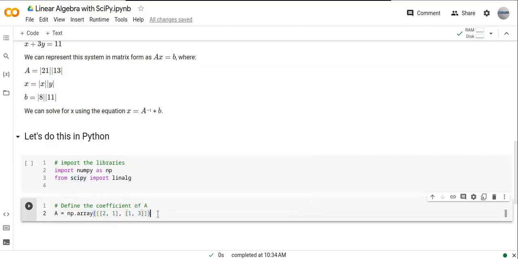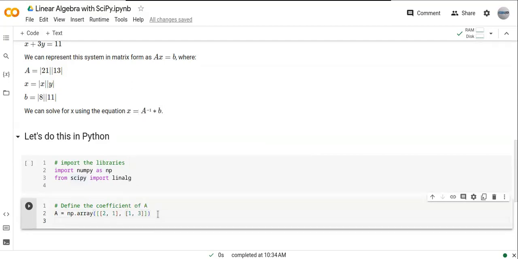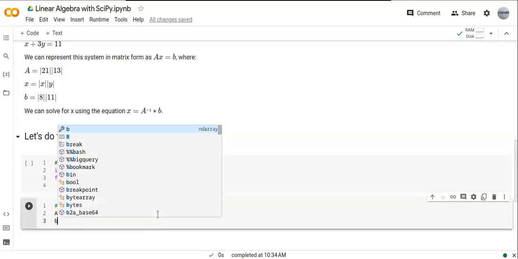Then we can define the coefficients of A as a matrix.